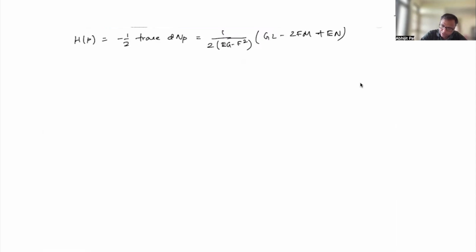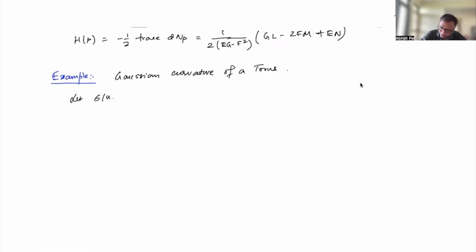Okay, so let us now do a concrete example. Let us take a torus. We'll be finding the Gaussian curvature of a torus. So let us take a parameterization.